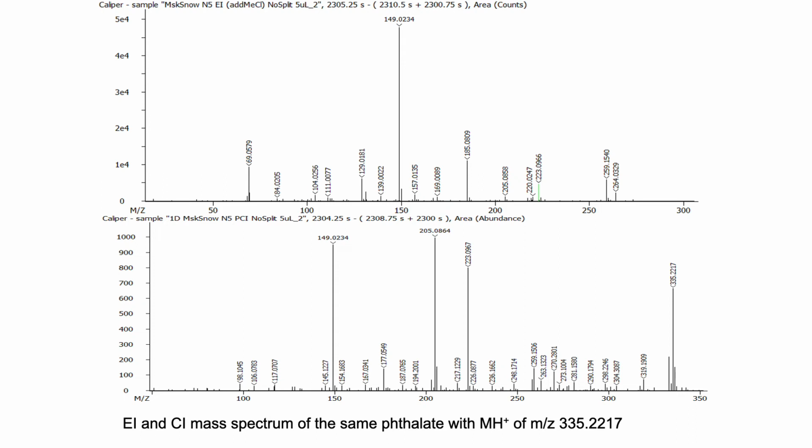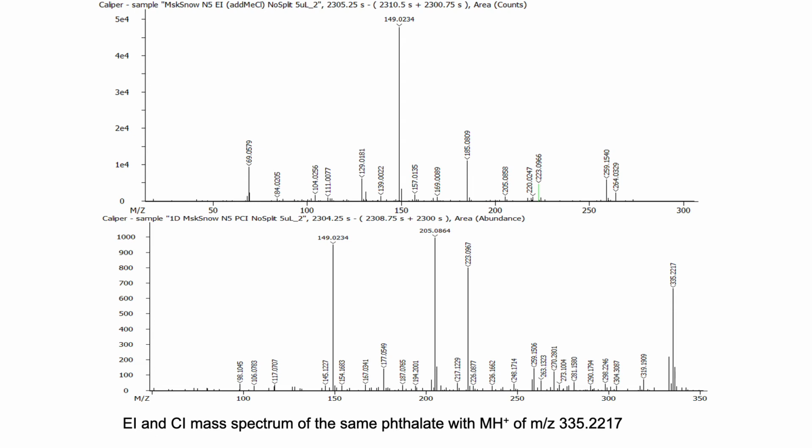But nevertheless, 149 you can see in electron ionization mode and in chemical ionization mode. Moreover, you have molecular ion, or better to say, protonated molecule peak in chemical ionization mode. So you get information about molecular mass and you get a lot of information on fragment ions.